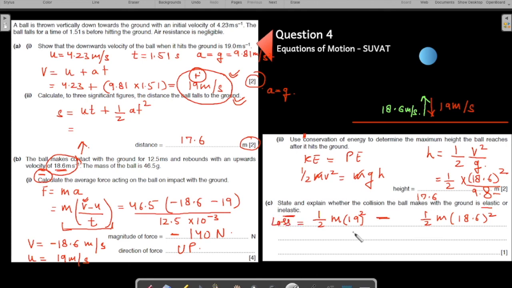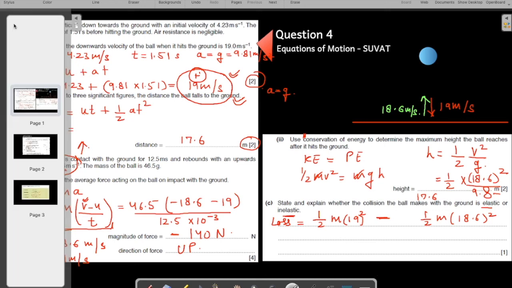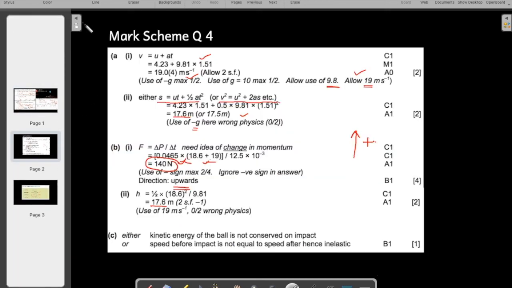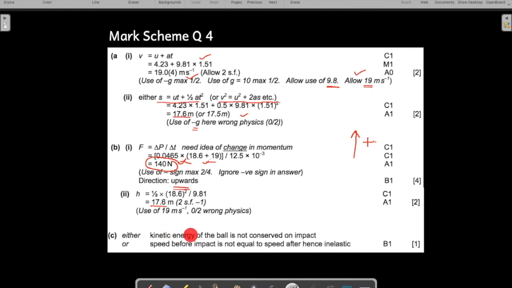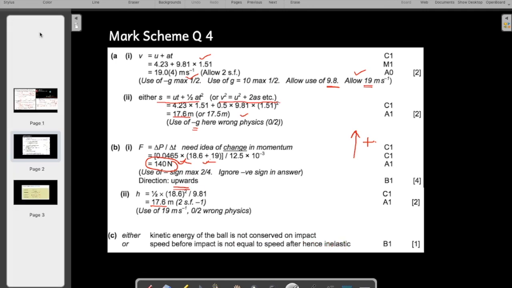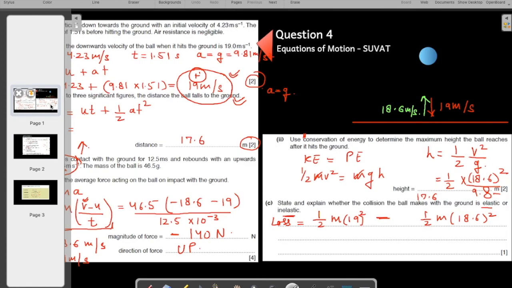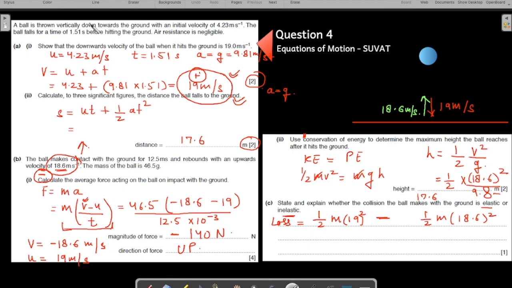So because kinetic energy is being lost, it is not conserved, it is an inelastic collision, right? So the kinetic energy of the ball is not conserved on impact, therefore it is inelastic. Or you can also say in simple terms that the speed before the impact is not equal to the speed after. Speed is getting reduced, and speed links to the kinetic energy, so kinetic energy is getting reduced, so it is inelastic.